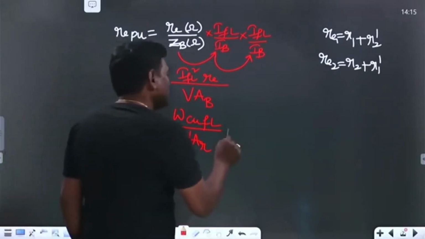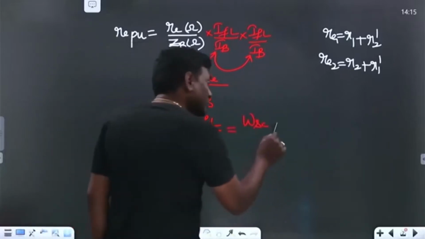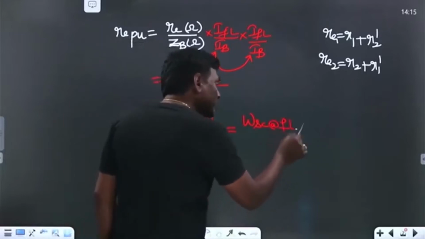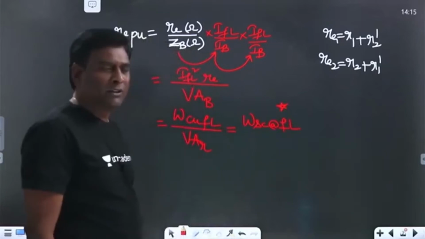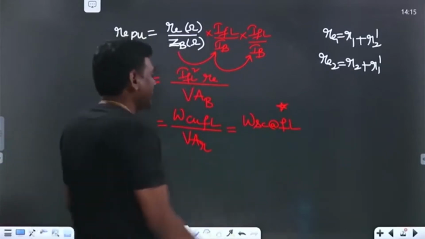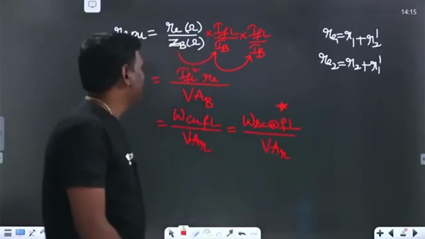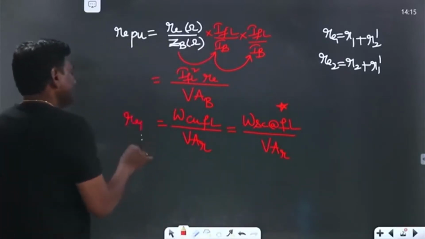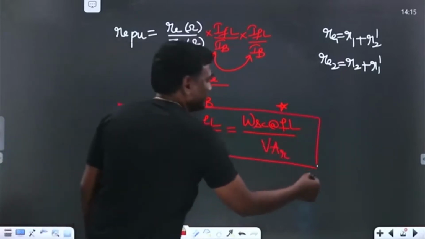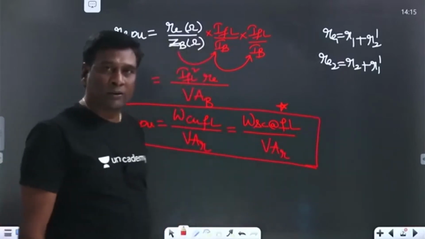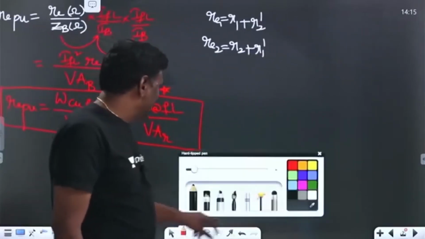So this is going to be short circuit test wattmeter reading, but that short circuit test should be conducted at full load. Try to remember this guys, otherwise you will forget. They can create a tricky question there, divided by VA rated. This should always be in your mind while calculating efficiency and voltage regulation. Okay, now let us think of ZE per unit.